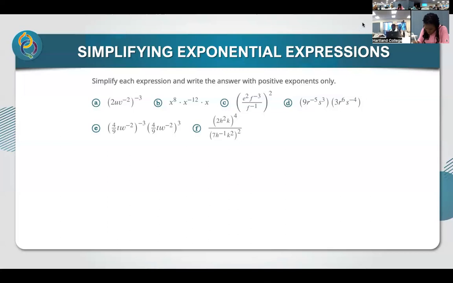You solve all of them first and then I'll get your answers later on. And I want the final answer to have positive exponents only.